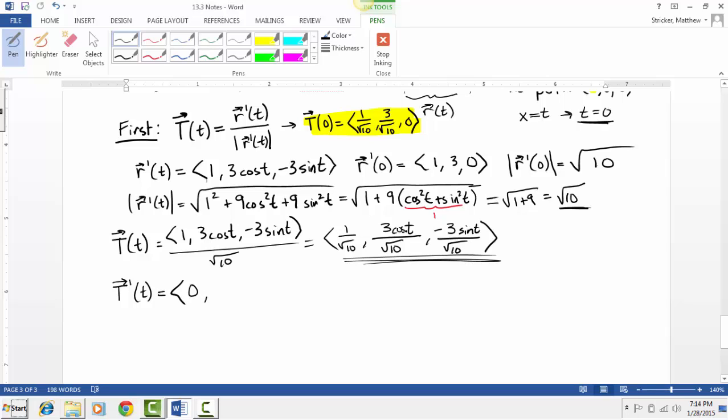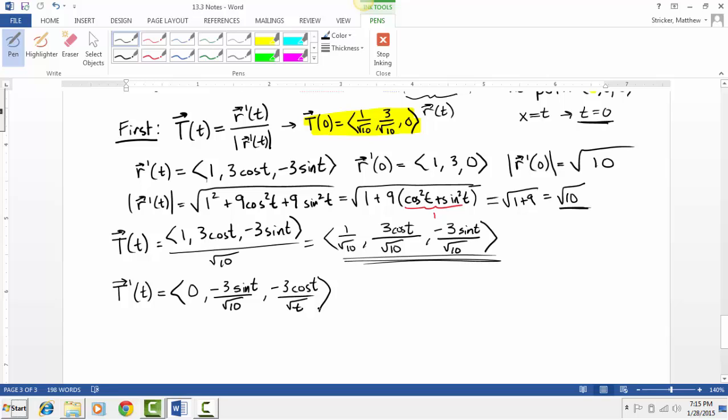The y component is cosine, whose derivative is negative sine, so this becomes negative 3 sine t over root 10. And for the z component, the derivative of sine is cosine, so this is negative 3 cosine t over root 10.